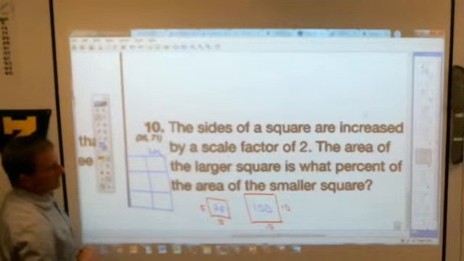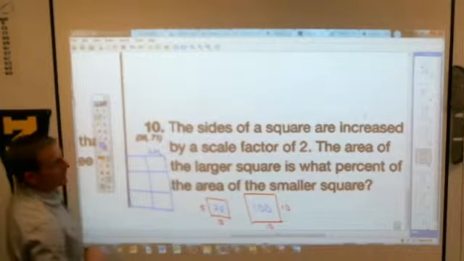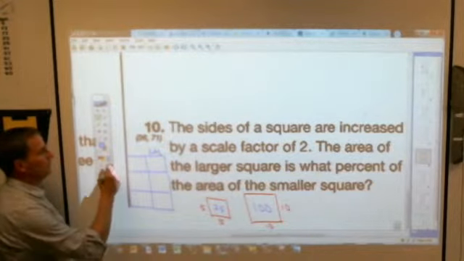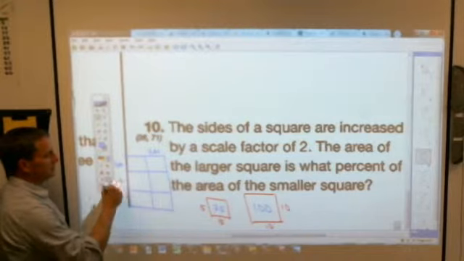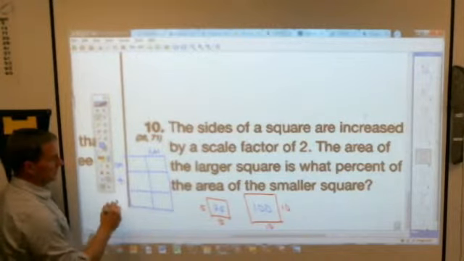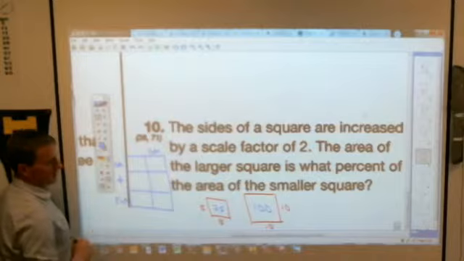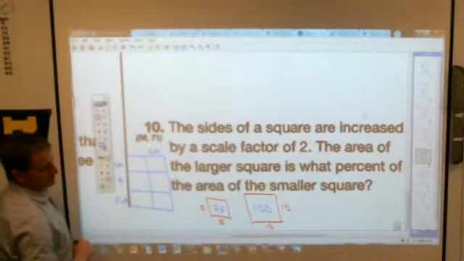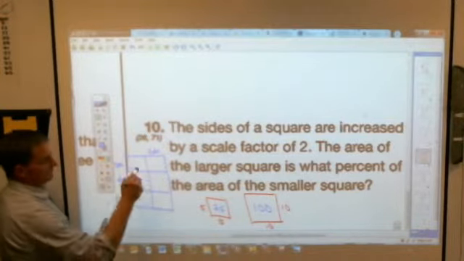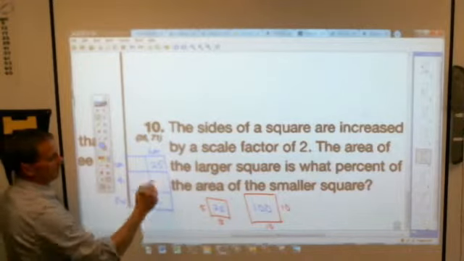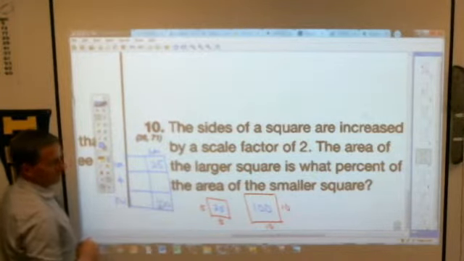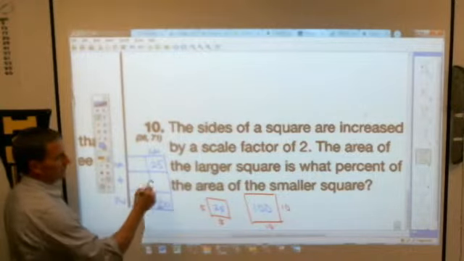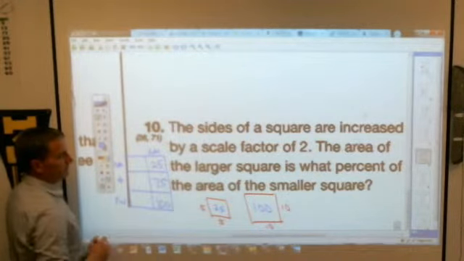We are increasing by a scale factor of 2, so you've got your original plus the increase equals final. What was my original? 25. It ended up being 100, which is an increase of 75.